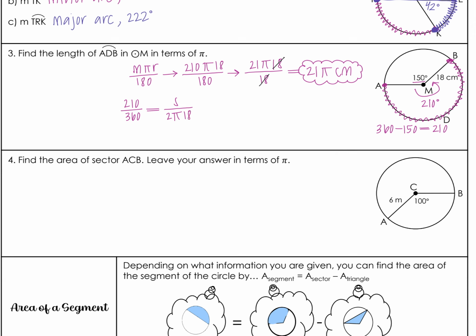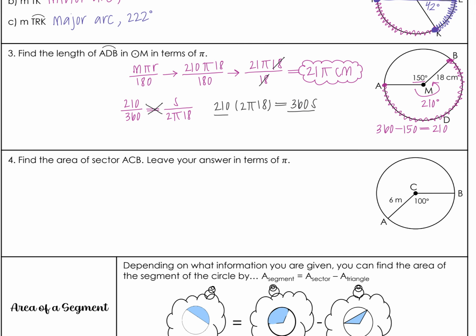Then what I can do here is cross multiply. Cross multiplying, I'm going to get 210 times my 2 pi 18 will be equal to my 360 times my S arc length.